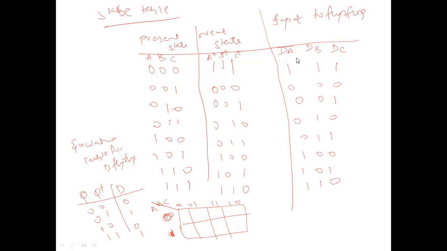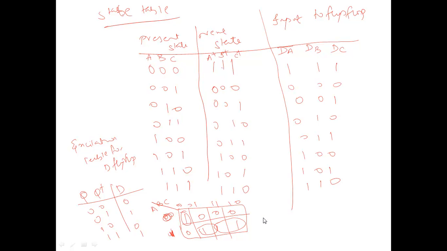First let us complete it for DA. For DA, minterms 0 and 1 are 1, 2 and 3 are 0, 4 is 0, and 5, 6, 7 are 1. You combine these two cells. These two cannot be combined, whereas you can combine these two, and similarly these two.